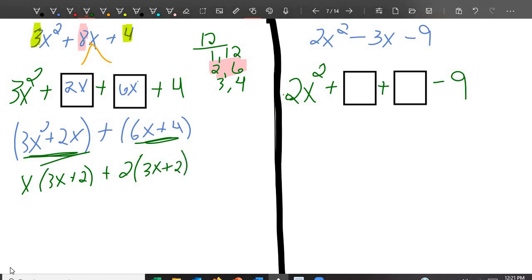Now, in the grouping method, these two have to match, and they do. So the 3x plus 2 is one of my binomials in the answer. The other is the x plus 2. So this is the final answer.